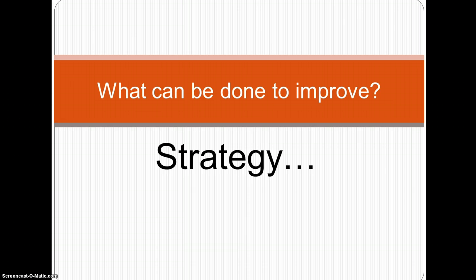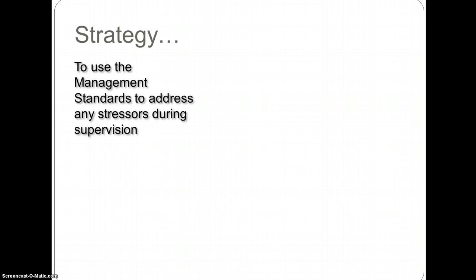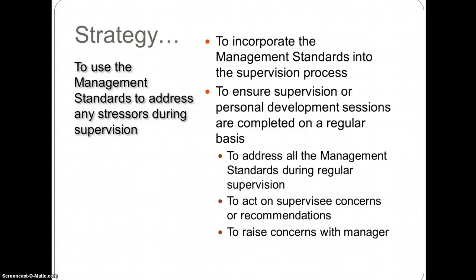So what can be done to improve this situation? The strategy I propose is to use the management standards to address any stresses during the supervision process. So to incorporate the management standards into the supervision process, this is to ensure supervision or personal development sessions are completed on a regular basis, and each time to address all of the management standards during regular supervision, and to act on supervisees' concerns or recommendations, and if things cannot be resolved within the team and improved, to raise concerns with the manager.